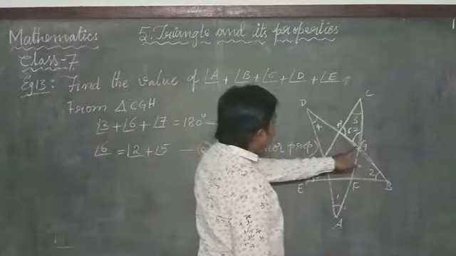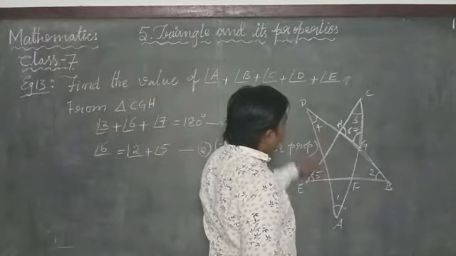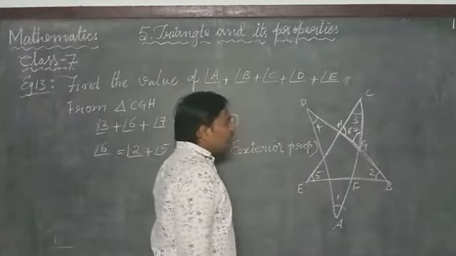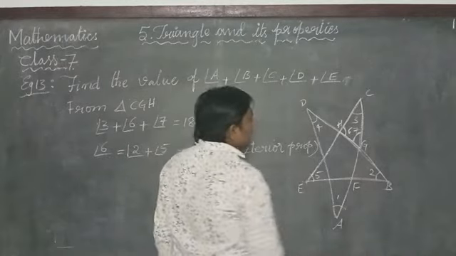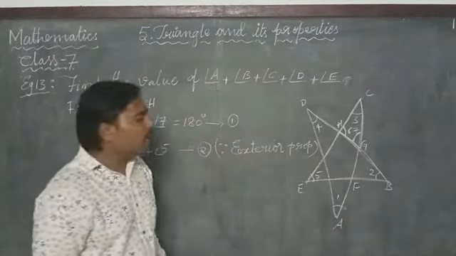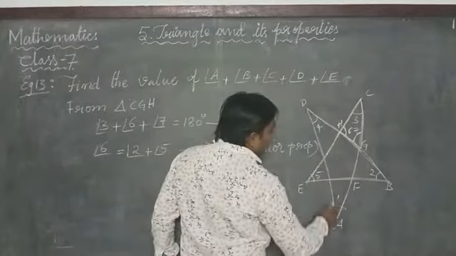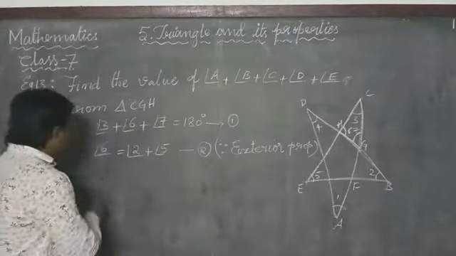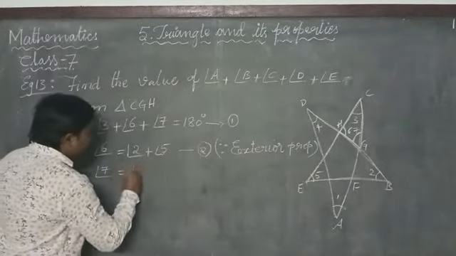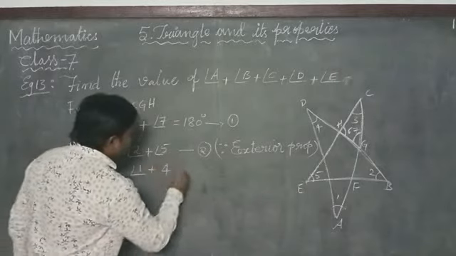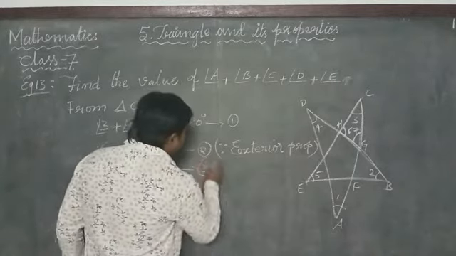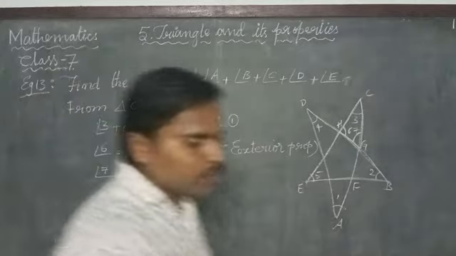From the exterior angle property, angle 7 equals angle 1 plus angle 4. Let us assume this is the third equation.